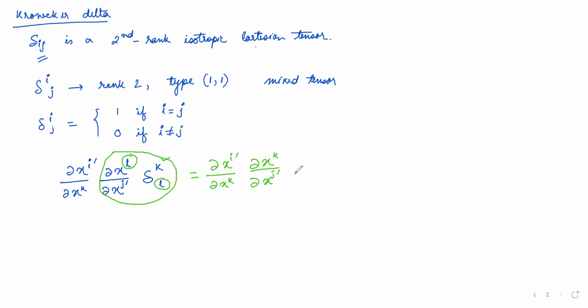Now again, here we have one index k and another index k that is summed over, so we are still using the summation convention. If I combine these two expressions, I should get ∂x^i' divided by ∂x^j'. And what is this? This is nothing but delta'^i_j.